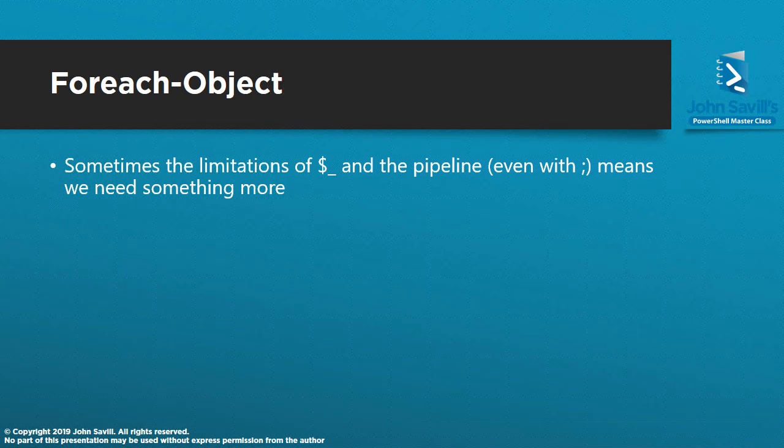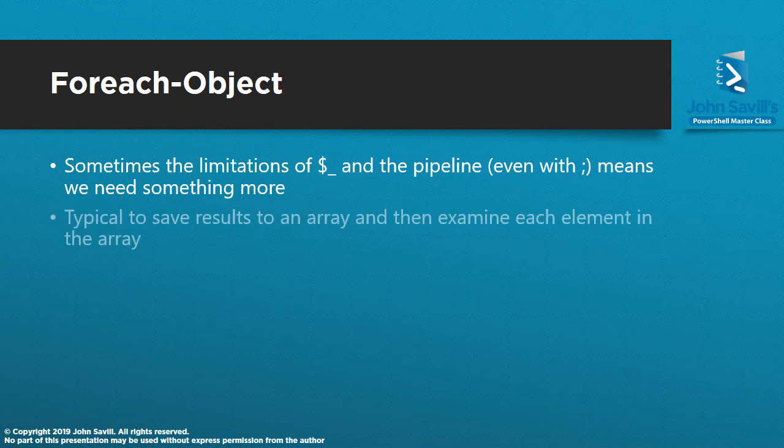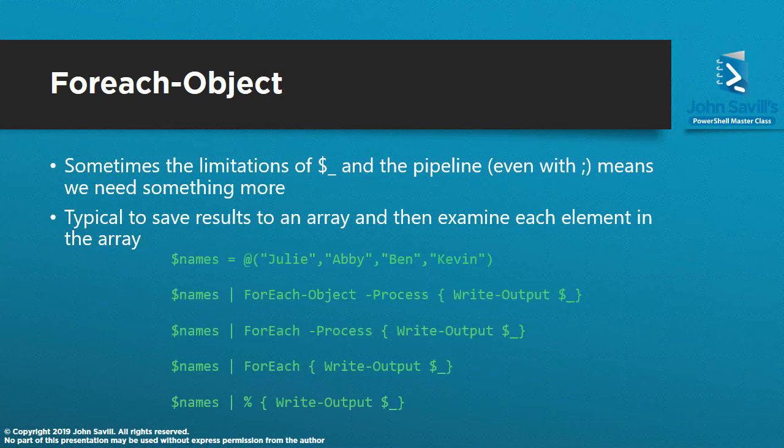And even by doing a semicolon so I can have multiple lines, if I want to do a lot of computation, a lot of logic, it really doesn't work. Instead, I might have an array with all the different objects in and want to perform something on each of those different elements. Now, all I'm showing you here is there are different ways to use ForEach.